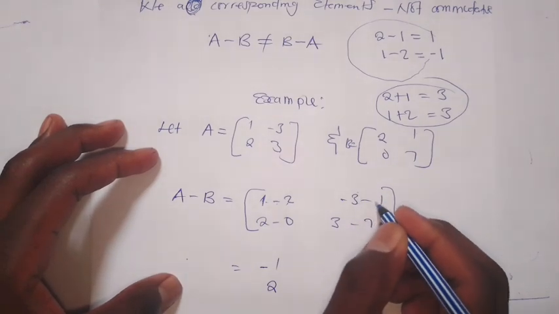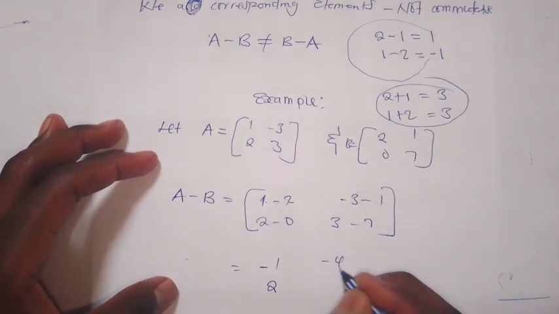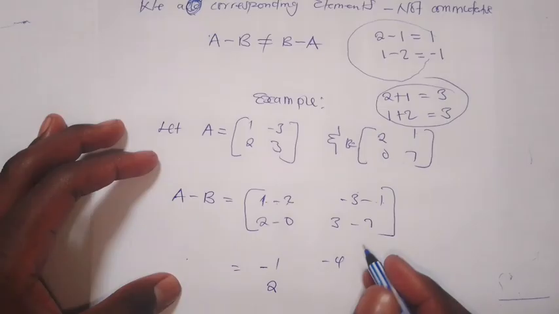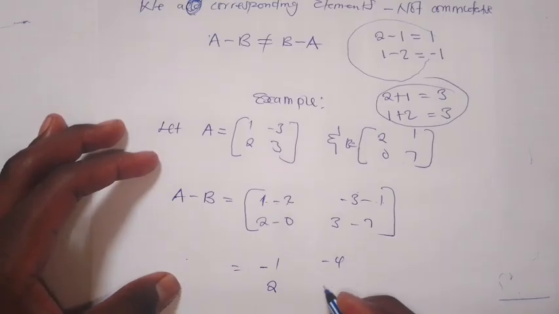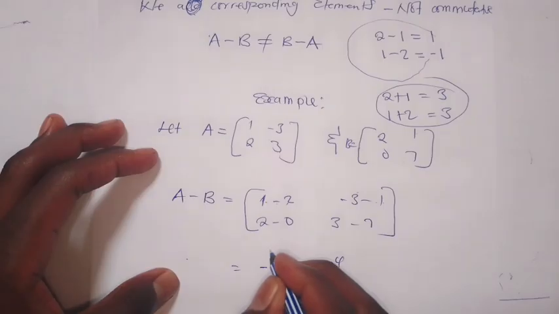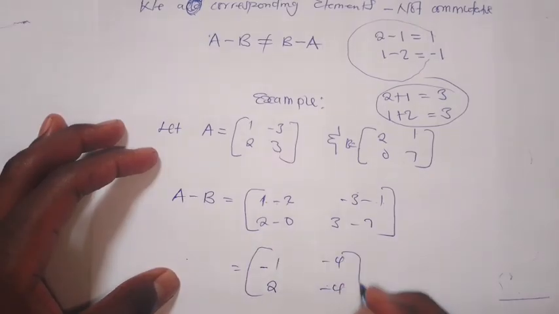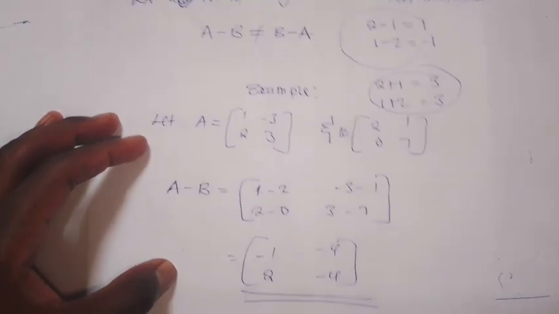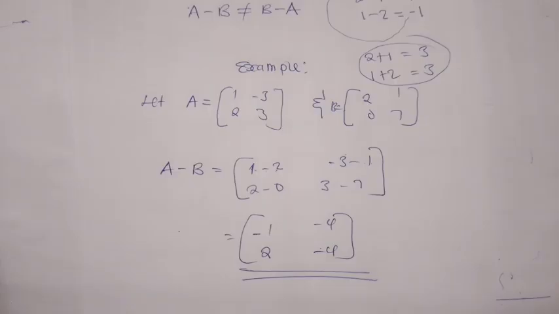Negative 3 minus 1 is negative 4. Then 3 minus 7, we are going to get negative 4. So this is our final answer. As simple as that.